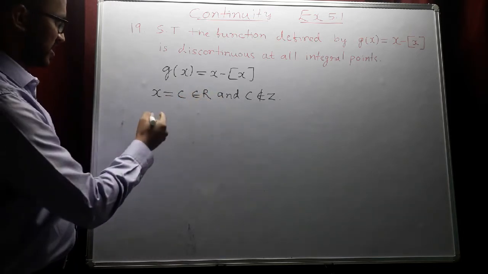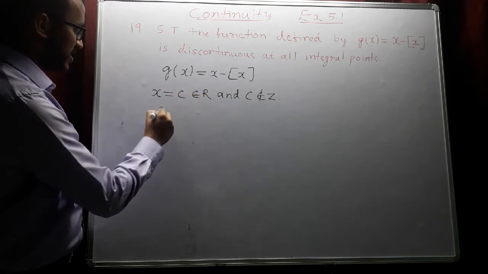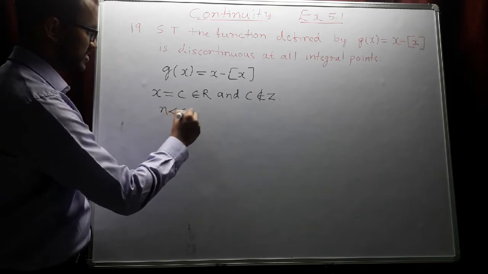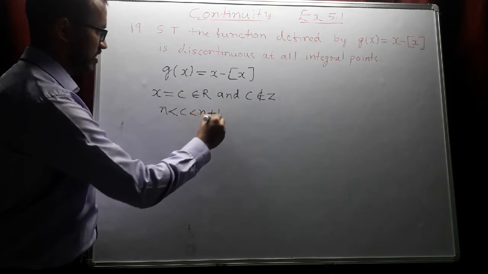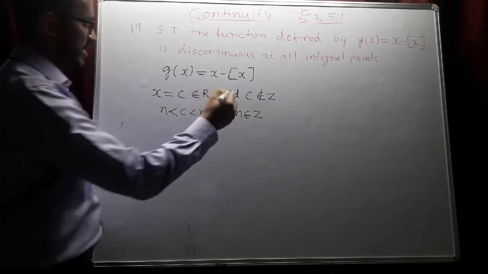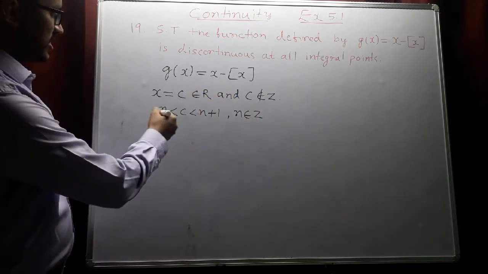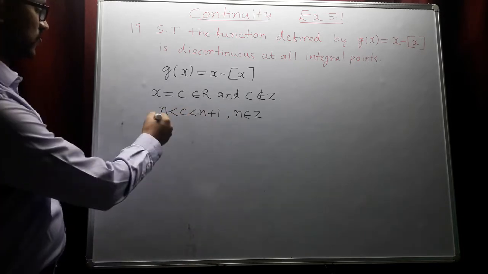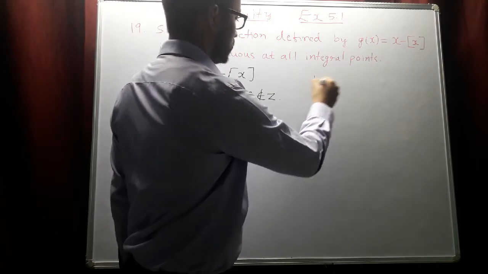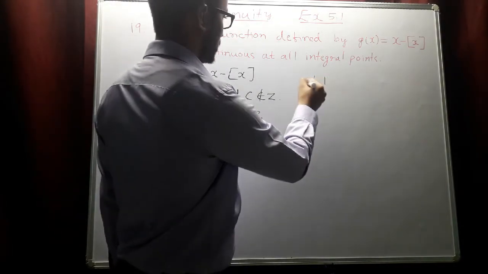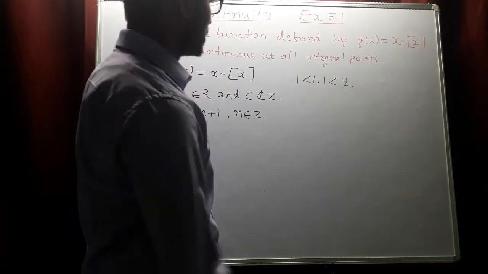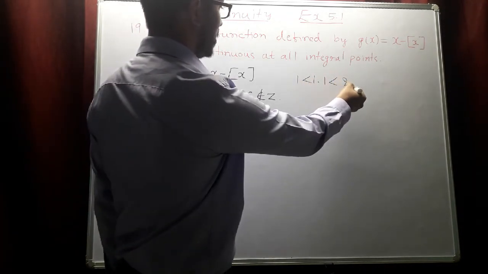So obviously what we can write, this c lies between any two integers. So n is less than c less than n plus 1, where n is an integer. So if you take any real number, it lies between two integers. Suppose you consider 1.1, then 1.1 lies between 1 and 2, that is n and n plus 1.